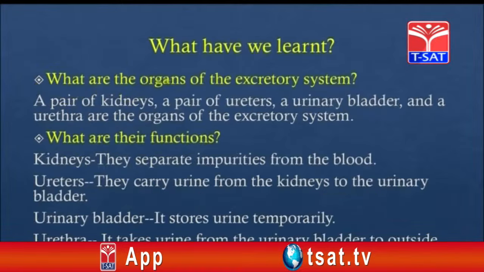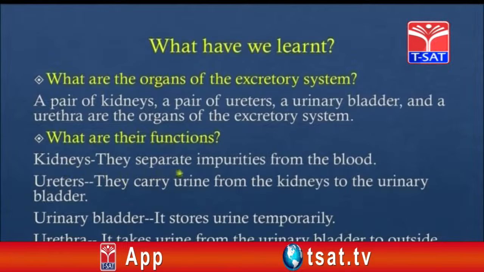What are the organs of the excretory system? A pair of kidneys, a pair of ureters, a urinary bladder and a urethra are the organs of the excretory system.